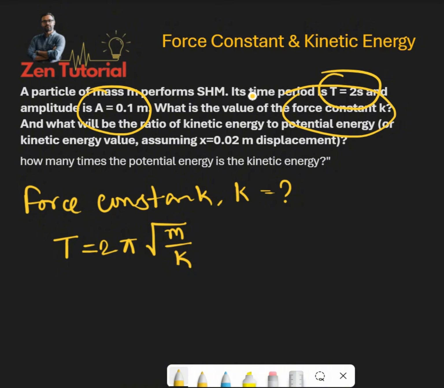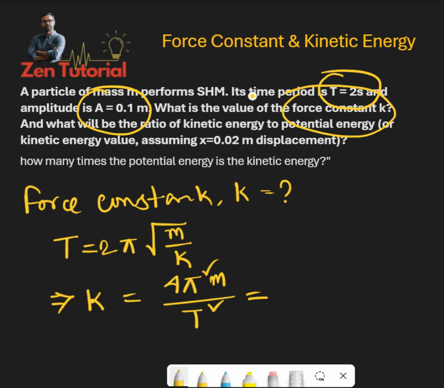This k is actually the force constant. From this equation, we could write down the value of k is equal to 4 pi square m divided by T square.